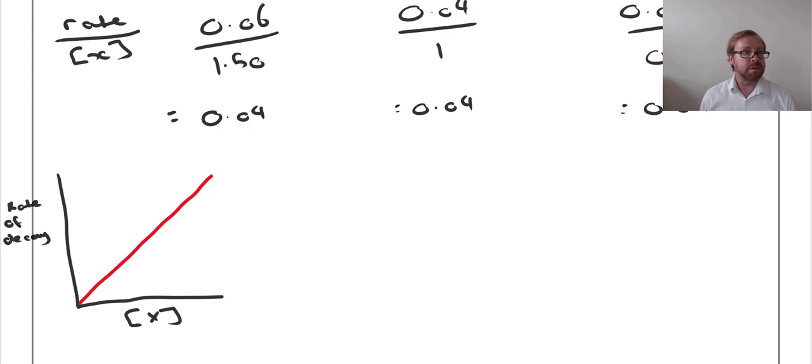Well, it's important because it describes the relationship between the rate of decay of X and the concentration of X. And it says that as I increase the concentration of X, it is directly proportional to my rate. So I can write that down as the rate is directly proportional to my concentration of X, e.g.